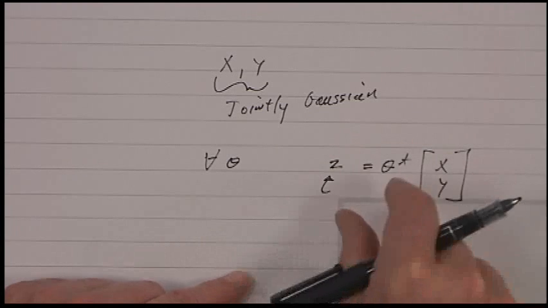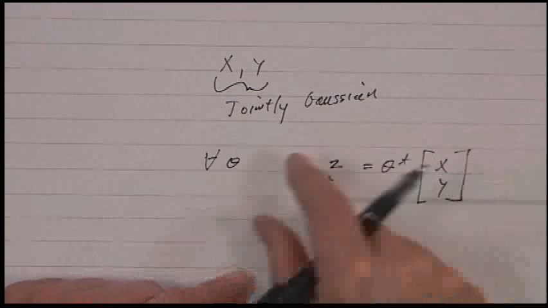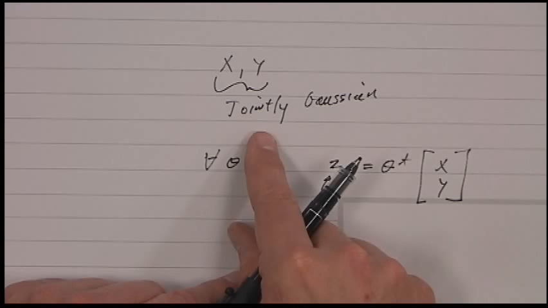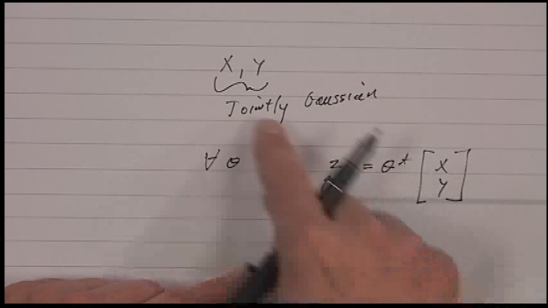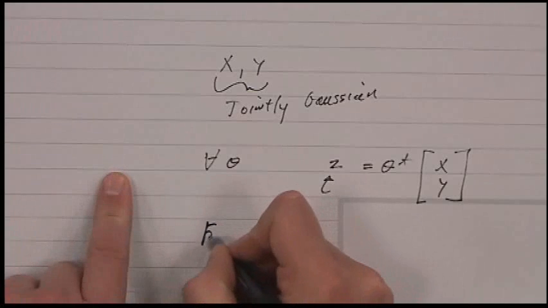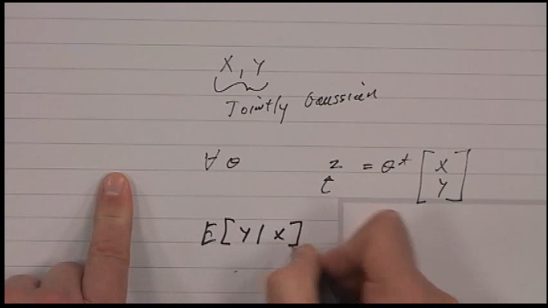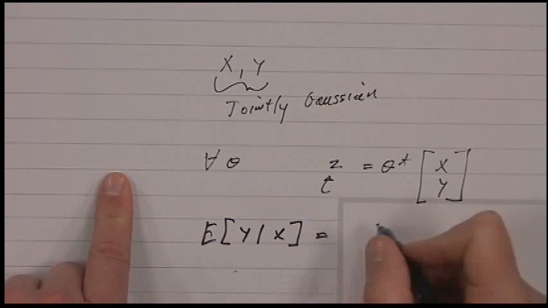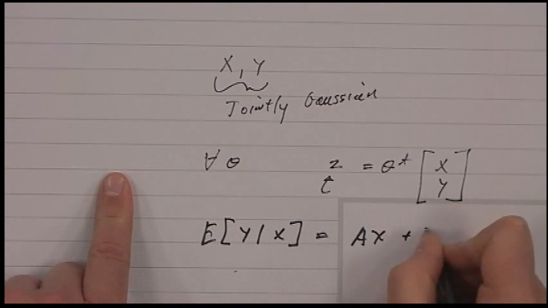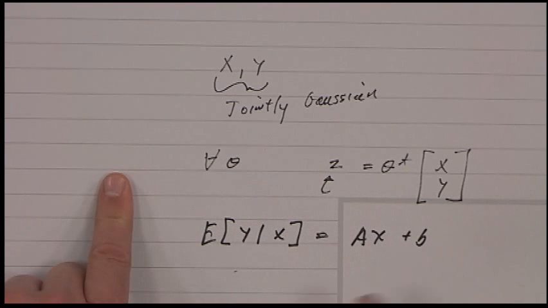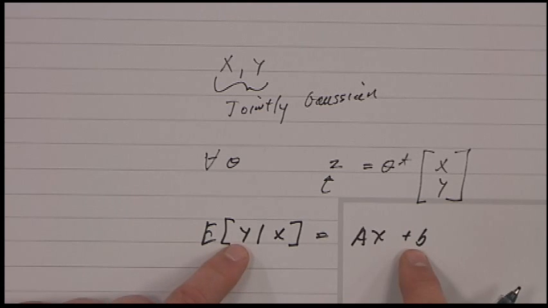The other way of saying it, an equivalent condition, is that it has to have the form of the multivariate Gaussian distribution. If that's the case, then the conditional expectation of y given x is going to be equal to ax plus b, where b is a scalar. B could be a vector if y is a vector.